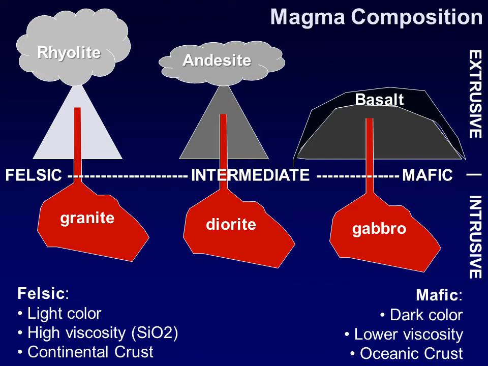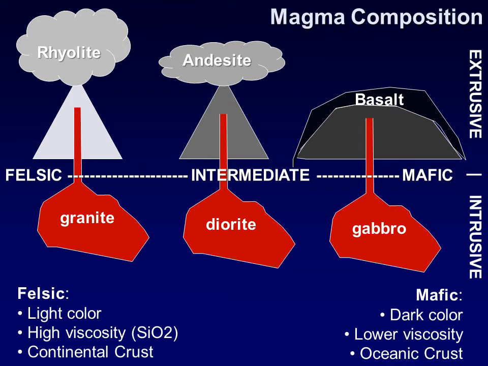Okay, on the opposite end of our spectrum here, mafic rocks are going to be dark colored, lower viscosity, because they have very little silica content, and these are usually associated with oceanic crust. Okay, the oceanic crust is mafic. So the rocks that will form are intrusive rock if the mafic magma chamber just sits there and cools off over time.